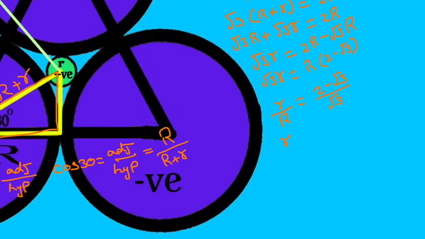Substituting the values, we get the answer as 0.155. This is the radius ratio of cation to anion.